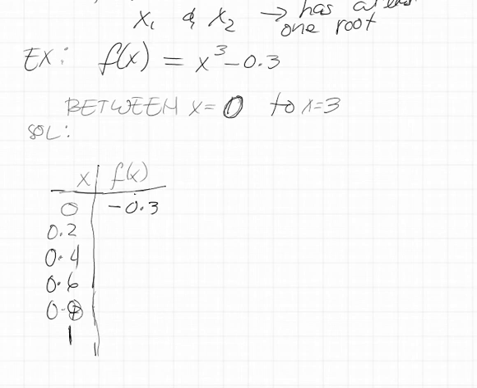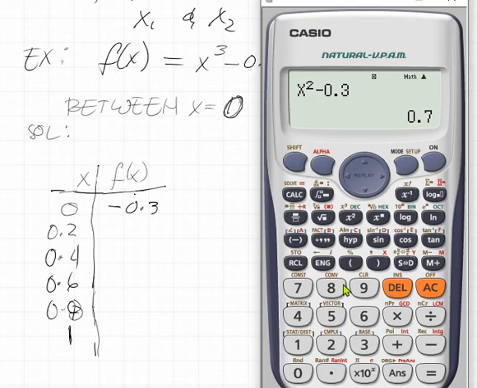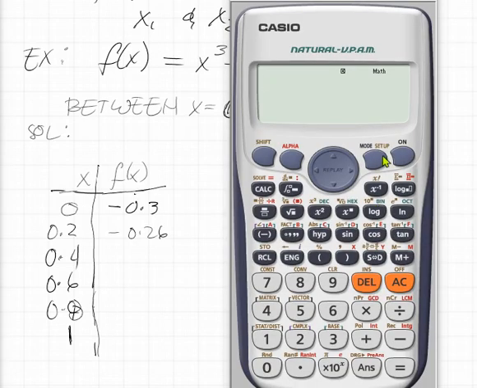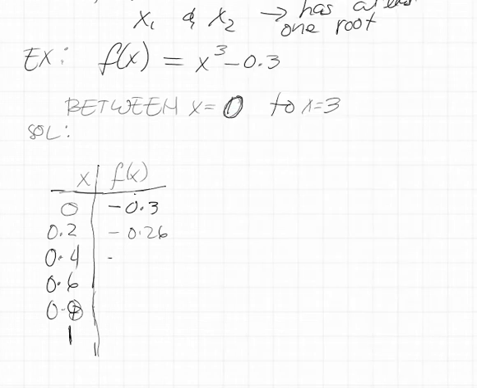Then let's just plot this one. We use our calculator: calc 0.2 equals, negative 0.26. Then 0.4 equals, it's negative 0.236.